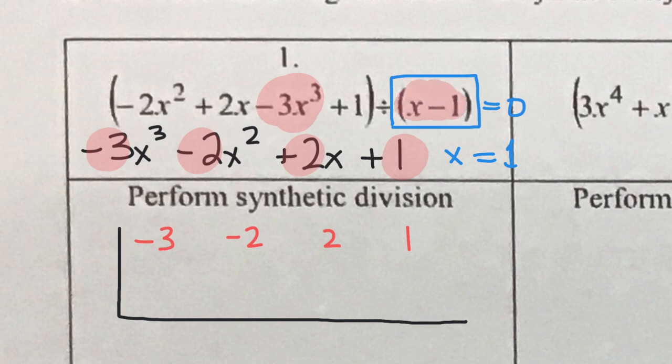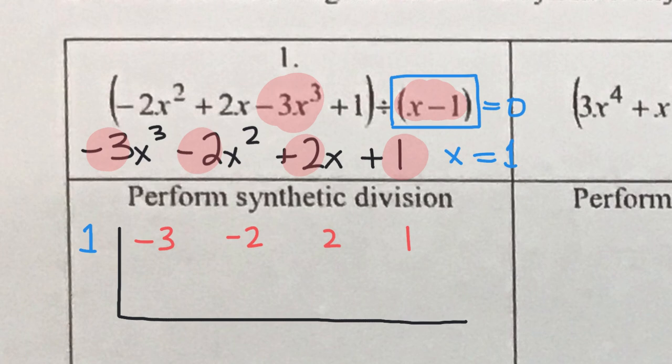As long as it's an x plus or an x minus or even a 2x, it just has to be a linear having a single power of x. We take that number and we put it in front right there. This is the procedure that we do every time we have synthetic division.